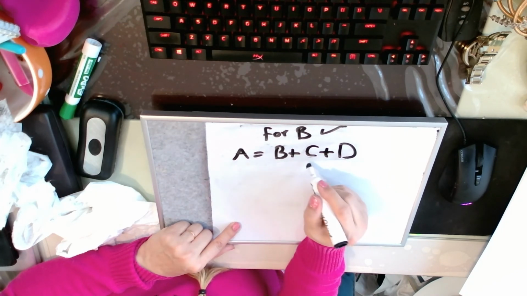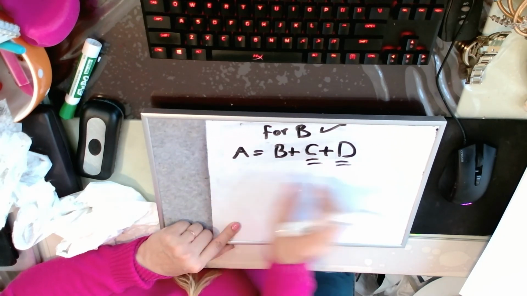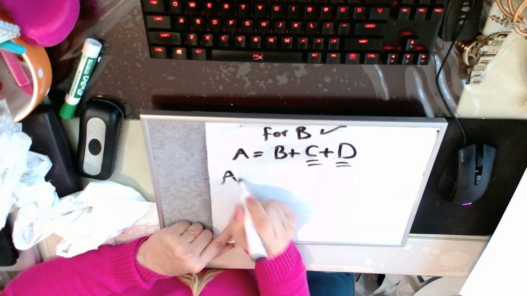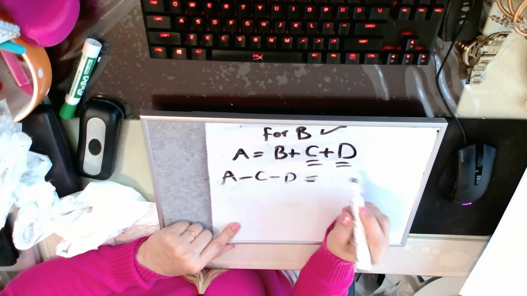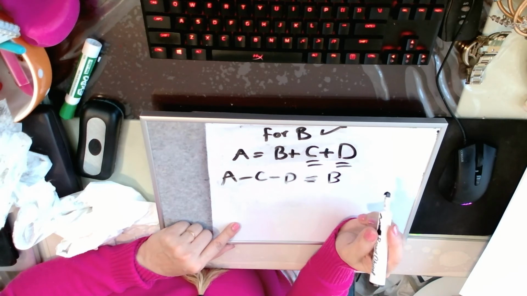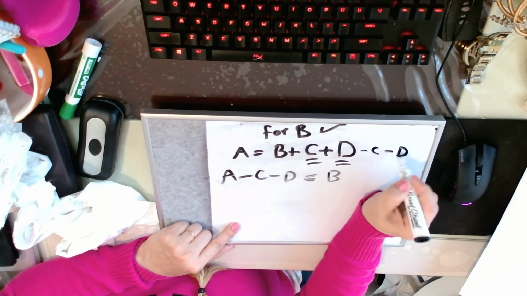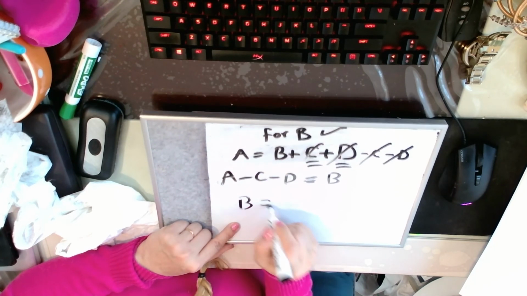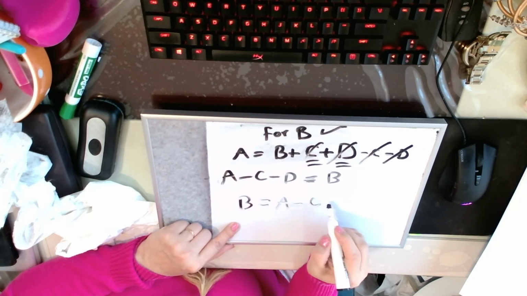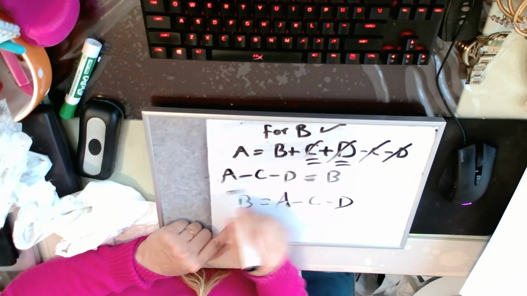So we need to get rid of C and D. What we're going to do is subtract C and D from both sides. A minus C minus D equals B, because the plus C plus D is going to go. So B equals A minus C minus D. This is the answer.